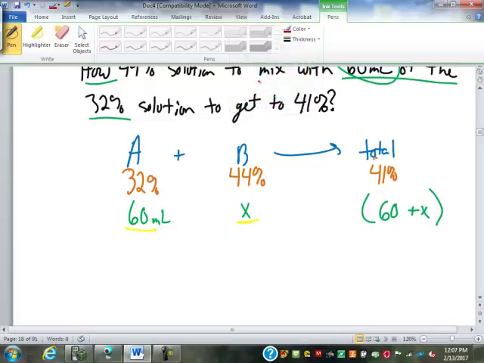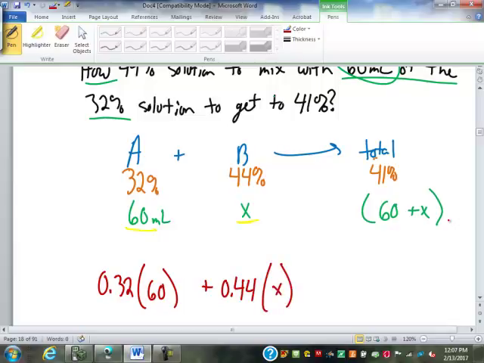So now our equation: 32% is 0.32 times the amount of 60. That's the amount in solution A. For solution B, it's 44%, so 0.44.